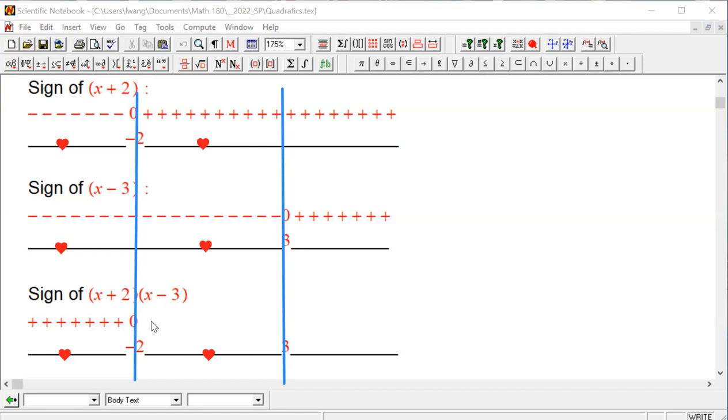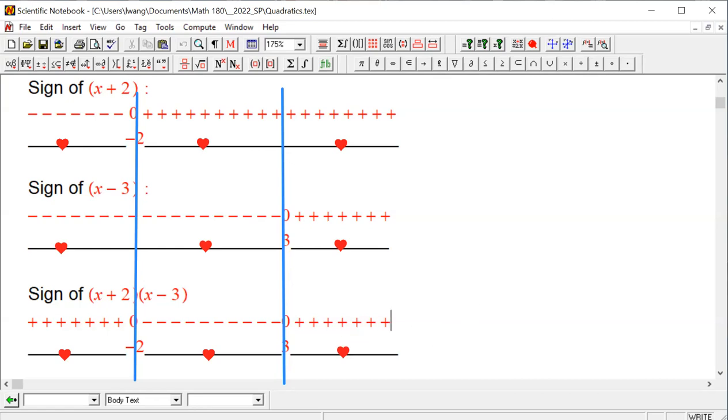In this interval, the product of these two quantities is going to be negative until we choose 3. If we choose 3, we have a positive number times 0, so that's going to be 0 too. And last but not least, when I pick a number larger than 3, what will happen? It's a positive times positive, which is going to be positive.